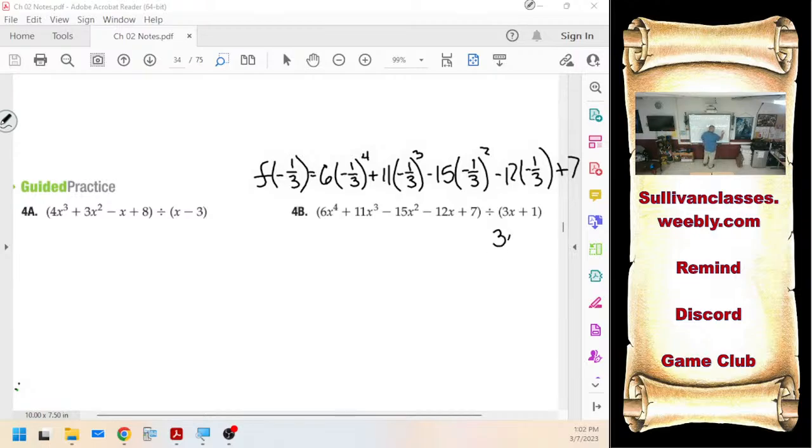Didn't we set this equal to 0? I'm curious what the function of negative 1/3 is. Just like over here, I'm curious what the function of 3 is. Let's see your mental math.